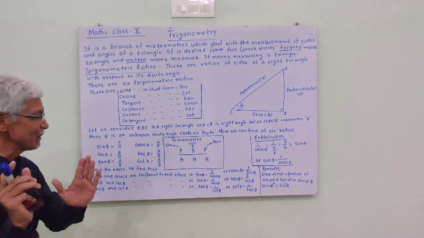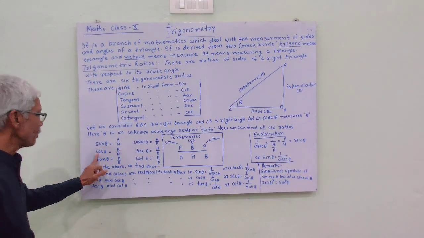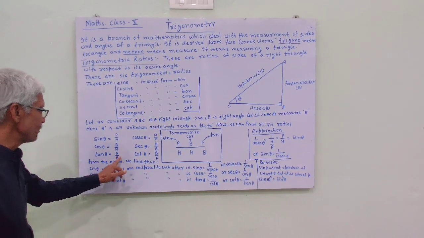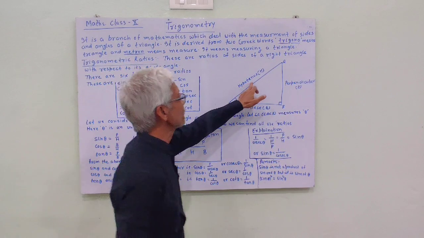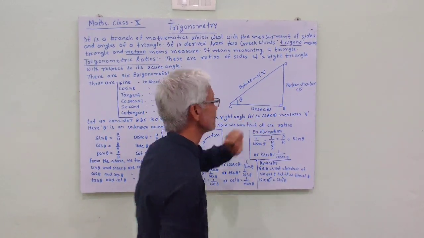These we have to remember: sin theta is equal to P upon H, cos theta is equal to B upon H, tan theta is equal to P upon B. What is this? Hypotenuse H, perpendicular P and base B.